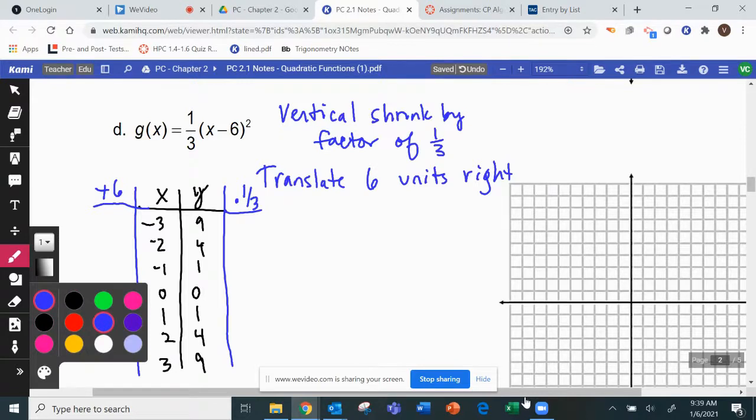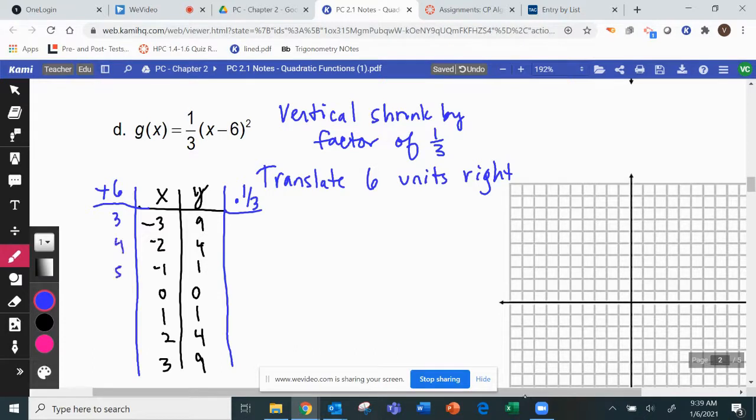So if I add 6, 3, 4, 5, 6, 7, 8, 9. And here, if I multiply by 1/3, dividing by 3, this is a 3. Then we've got 4/3, and we've got 1/3, 0, 1/3, 4/3, and 3.